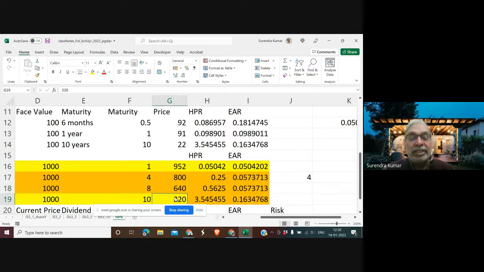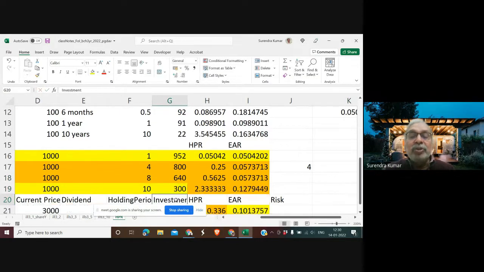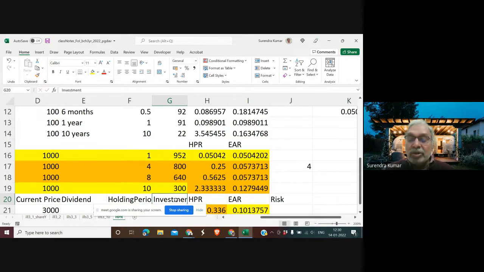Now supposing I say that it is available for 300 rupees today, or let's say I say available for 500 rupees. Now this is still a better price. Supposing I say it is available for 600, then this is not as good, but definitely better than the 1 year zero coupon bond.